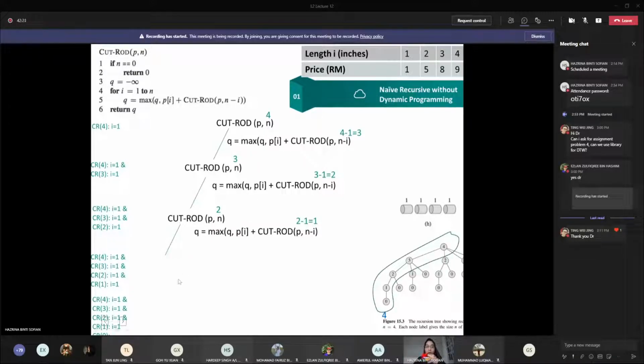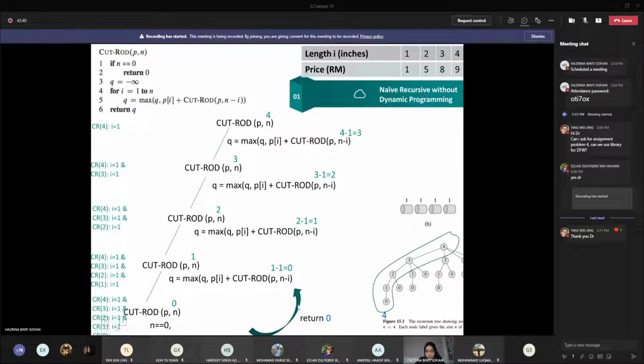So right now our N becomes 0 inch, so we don't really need to cut. Once N is 0, it will return 0.